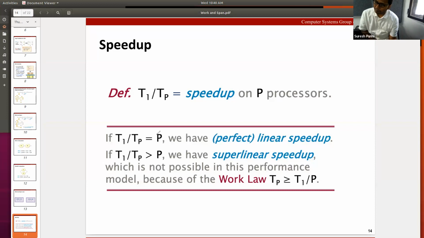Super linearly, got it. Okay, awesome. I would like to see that super linear speed up. It's interesting. For which problem you got it, Kishore? Interesting.